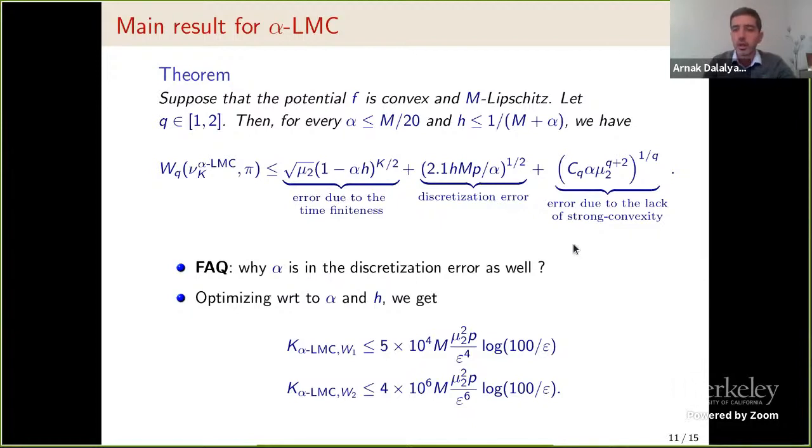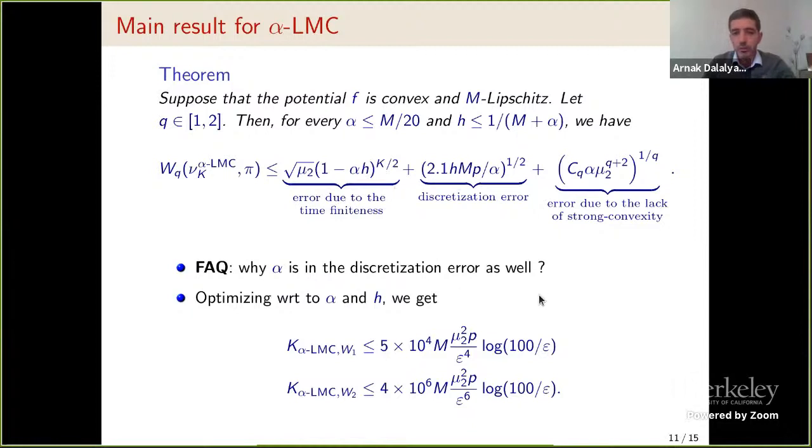Anyway, we can use this upper bound for optimizing with respect to alpha and with respect to h. First of all, we choose alpha so that this last term is small. And once alpha is fixed, we just minimize the sum of the first 2 terms with respect to h.